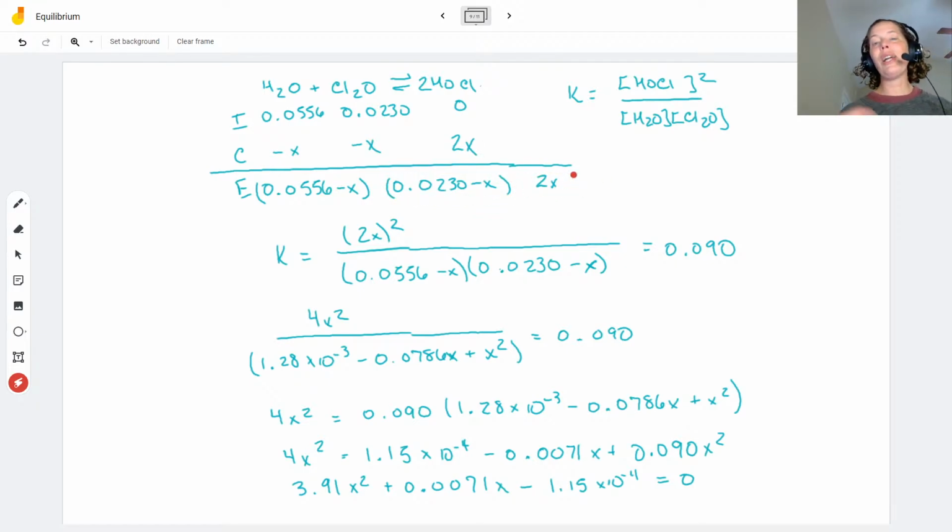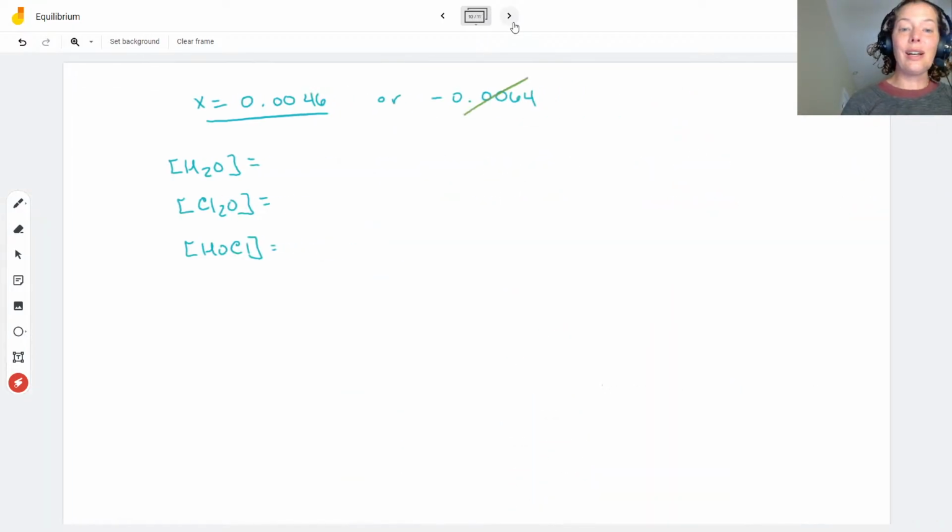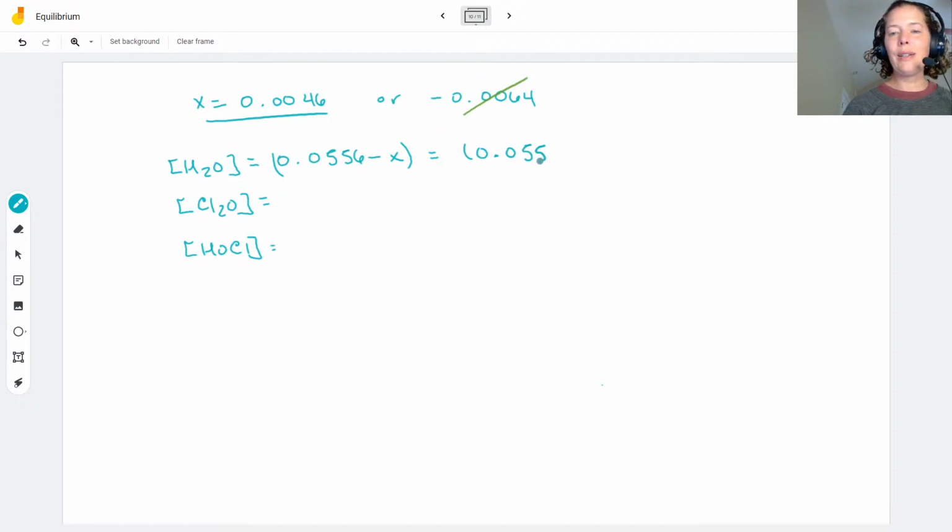So now I'm going to plug x in and calculate what these concentrations actually are. So again, for my water, my expression was 556 minus x. So now I'm just going to plug in what x is, since I know what x is. Minus 0.0046. So my equilibrium concentration is 0.051, and that is molarity.